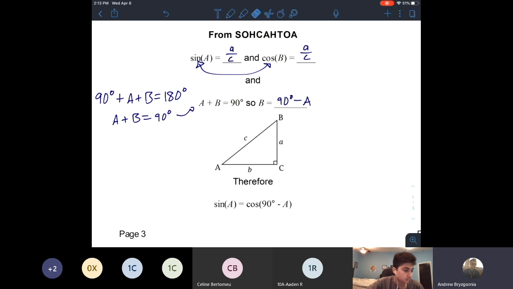And that is down here, sine of A will be equal to cosine of 90 minus A.